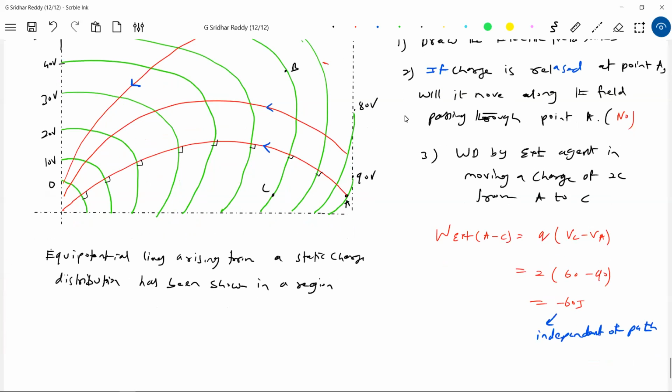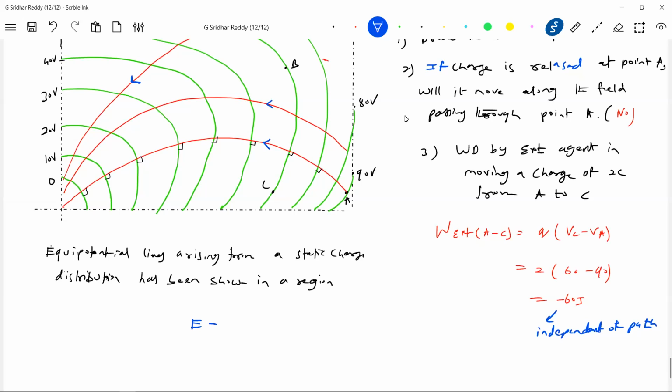And once again, potential difference delta V equals E into D, where delta V is the potential difference between two points separated by distance D, measured in the direction of E. This is applicable for a uniform electric field only. If the field is non-uniform, we should go for integration. And the electric field lines will always be directed from higher to lower potential.